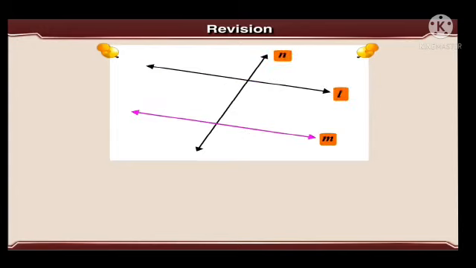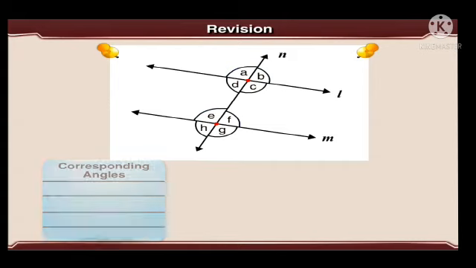Line N intersects the two lines L and M at two distinct points A and B. Line N becomes the transversal to the lines L and M. The angles formed at point A are angle A, angle B, angle C, and angle D. Similarly, the angles formed at point B are angle E, angle F, angle G, angle H. Here, how many angles are formed? 8 angles are formed. Now let us study the corresponding angles.